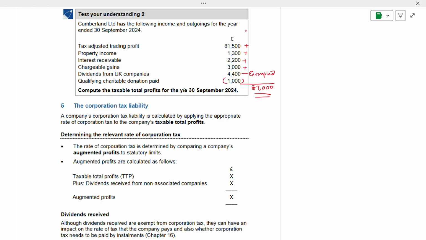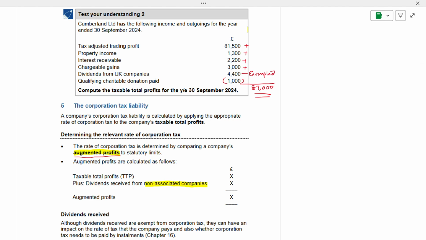Next one is corporation tax. A company's corporation tax liability is calculated by applying the appropriate rate of tax to the company's taxable profits. The rate of corporation tax is determined by the company's augmented profits. Augmented profit is a very important concept.